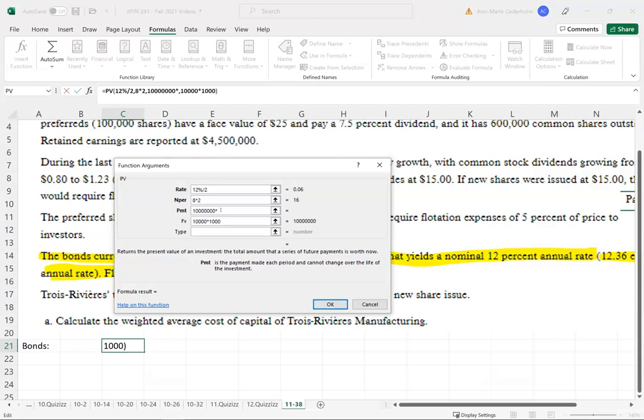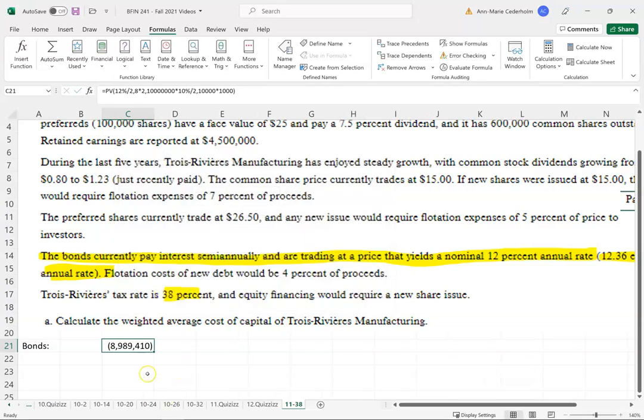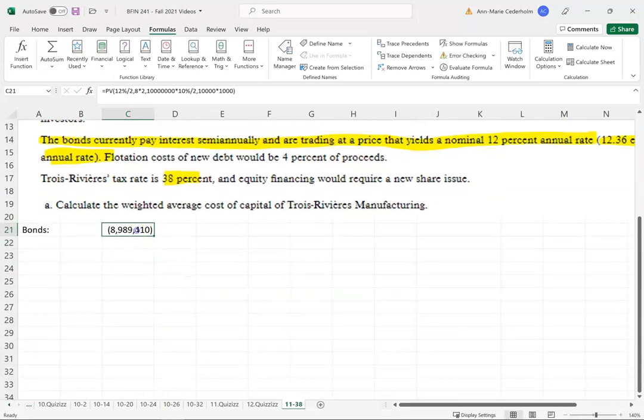And the stated rate on that was the 10%. Now we just have to remember that we pay that out twice a year, so we have to divide that by 2. So now the answer, the present value, is 8,989,410.47. And I'll just round that to a whole number.